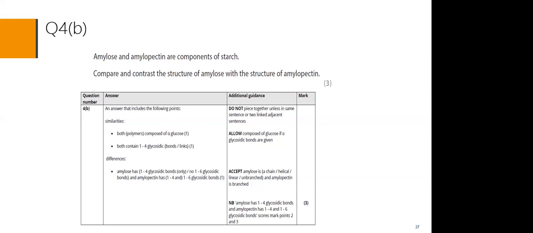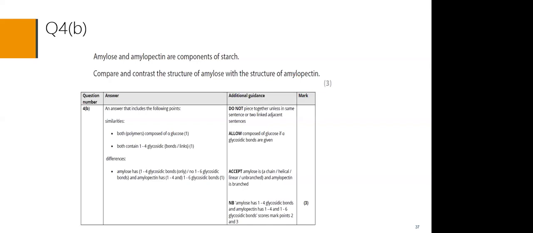So they're asked to compare and contrast the structure of amylose with the structure of amylopectin. The additional guidance to examiners is not to piece together. They have to be comparing or contrasting the two molecules. Note that polymers is in brackets.